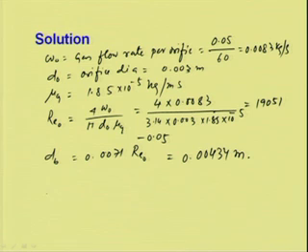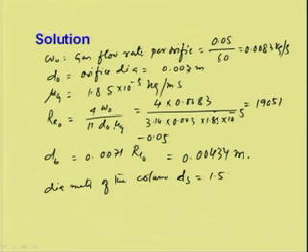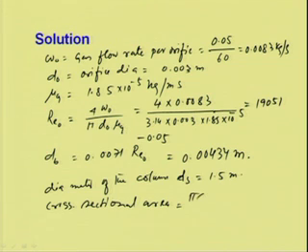The diameter of the column is given as ds equal to 1.5 meter. So, the vessel cross sectional area is pi ds square by 4, which is 1.768 meter square.